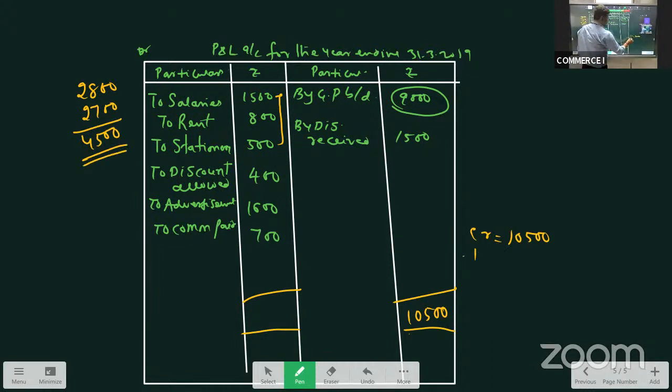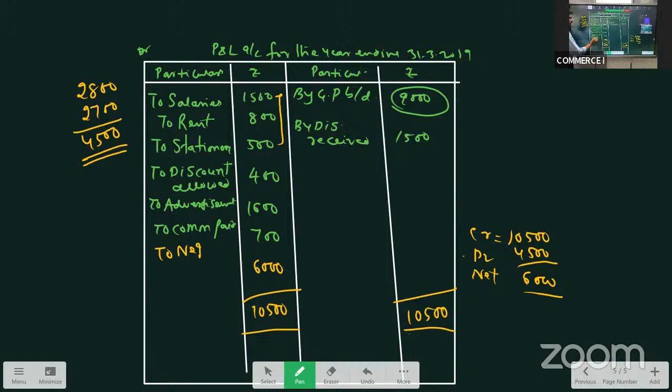So deduct this 4,500. We got 6,000. What do we call this? This is our net profit. 6,000 is our net profit, carried down to balance sheet. Okay. So this is how we have done 3 problems on profit and loss account.